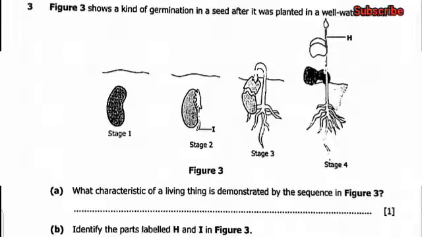But epigeal germination takes place in such seeds as bean seeds and groundnuts, because these have 2 cotyledons, which means they are dicotyledonous seeds. So H is epicotyl, I is a radicle.